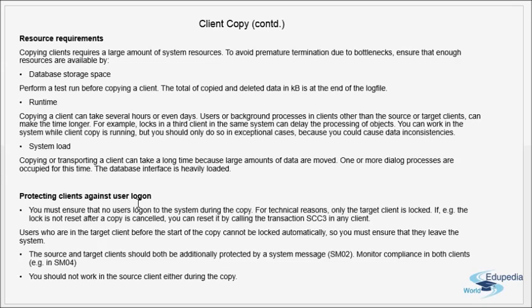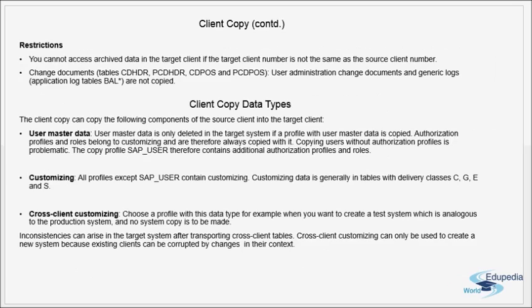Now, restrictions. You cannot access archive data in the target client if the target client number is not the same as the source client number.